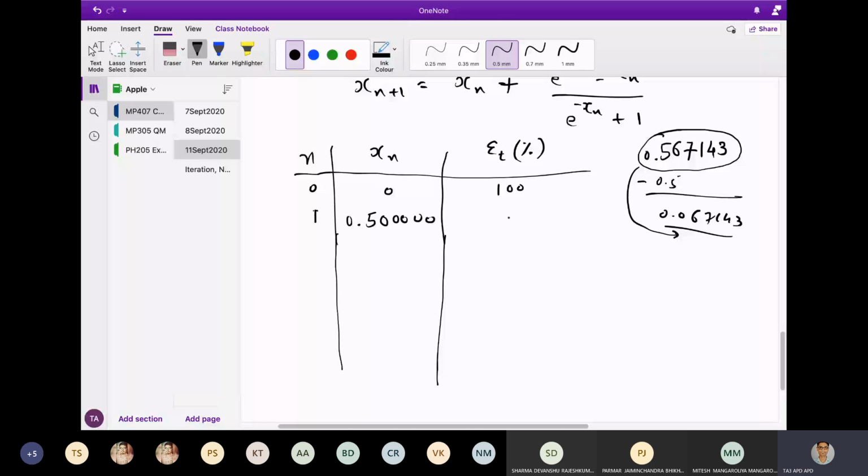So what is the error? Did you get the error? 11.83. 11.83.